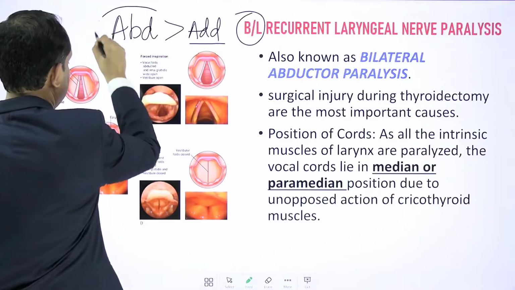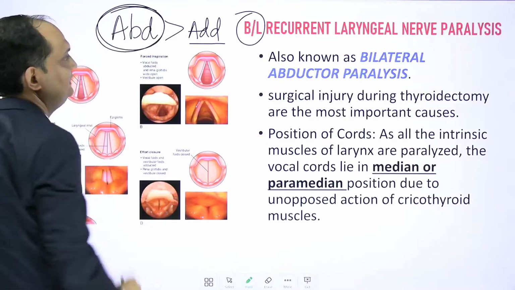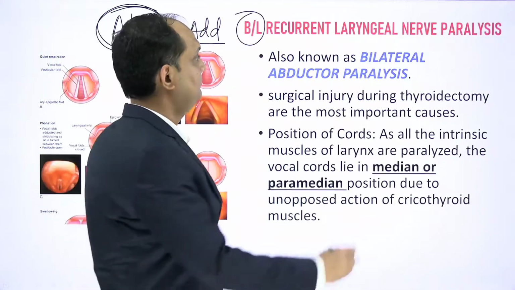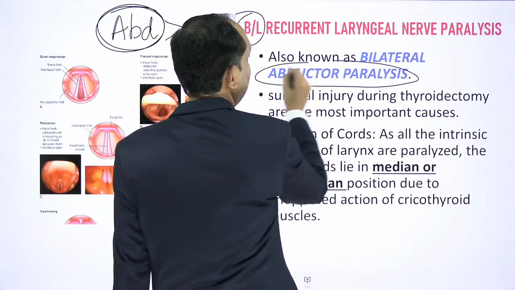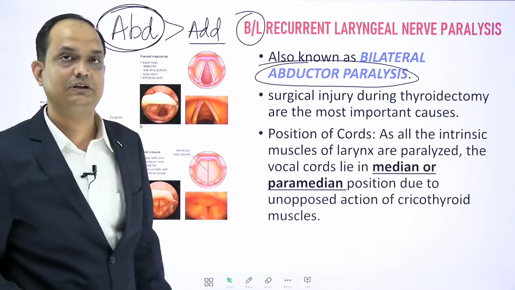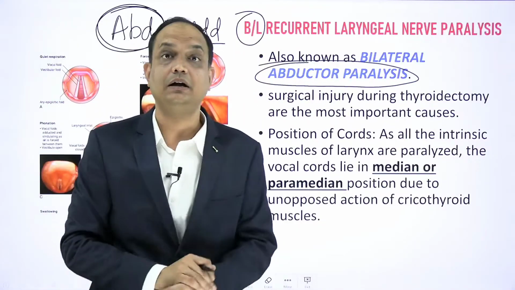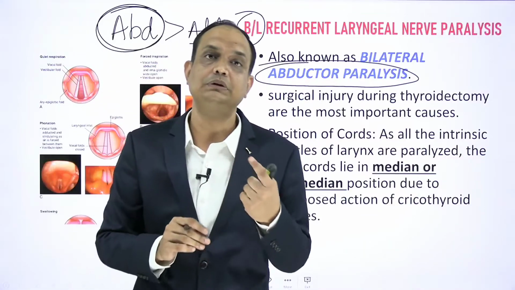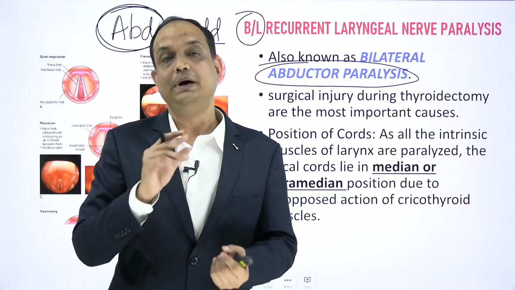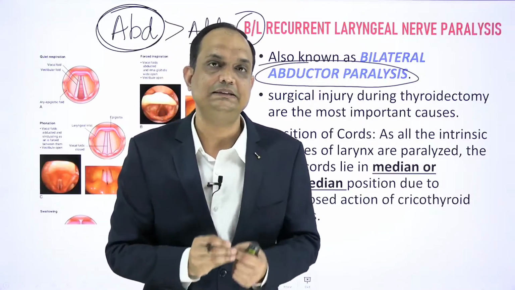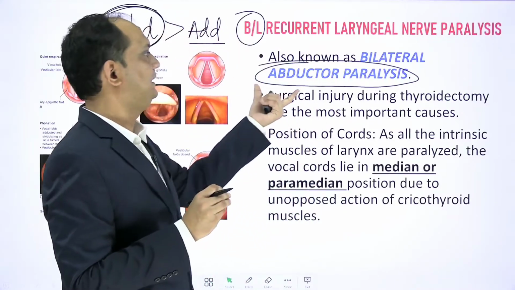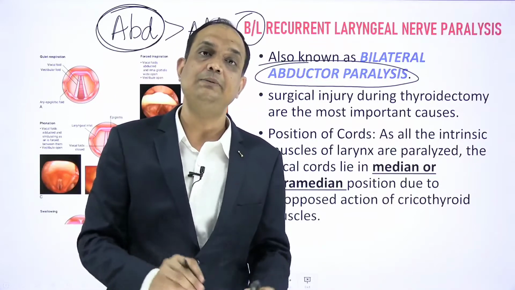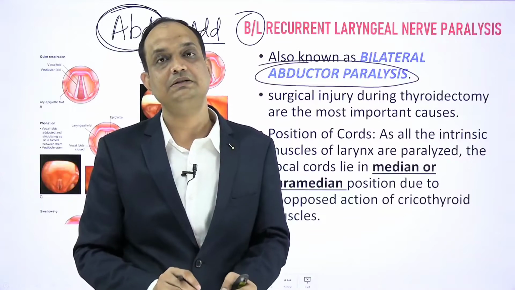As the abductors are paralyzed earlier, this bilateral recurrent nerve palsy is termed bilateral abductor palsy. You can ask me why you are not calling it an adductor palsy. Because the recurrent laryngeal nerve supplies both adductors and abductors. But again I am explaining that we use the word abductor palsy because the adductor function still persists as per Semon's law.